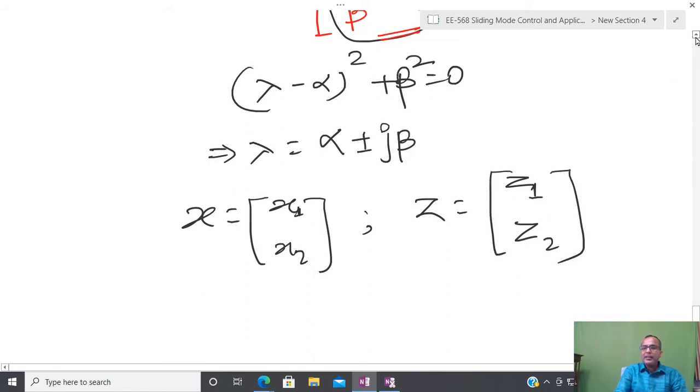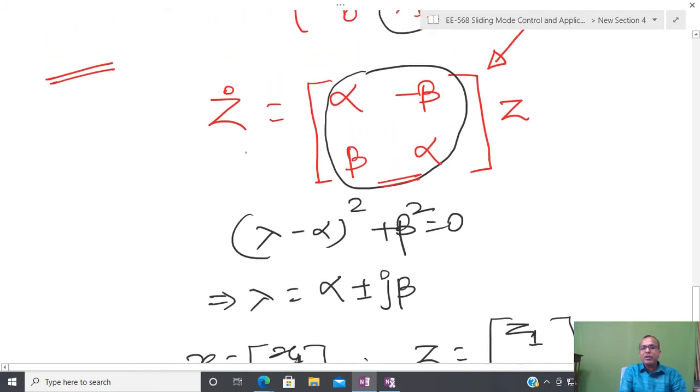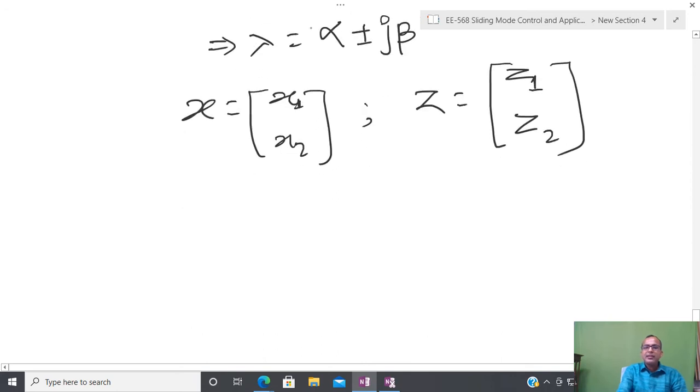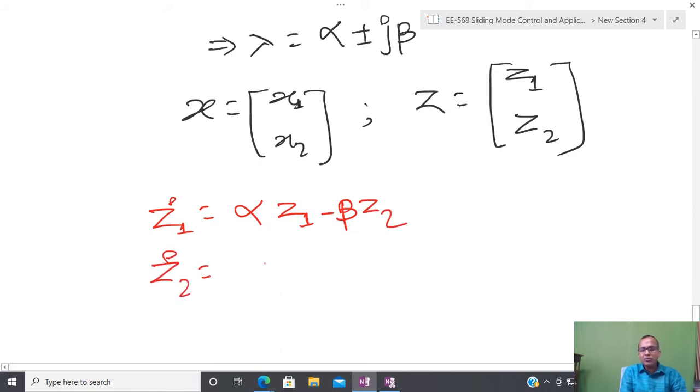So from here I can write Z1 dot equal to alpha Z1 minus beta Z2, and Z2 dot equal to beta Z1 plus alpha Z2. Please write it down.